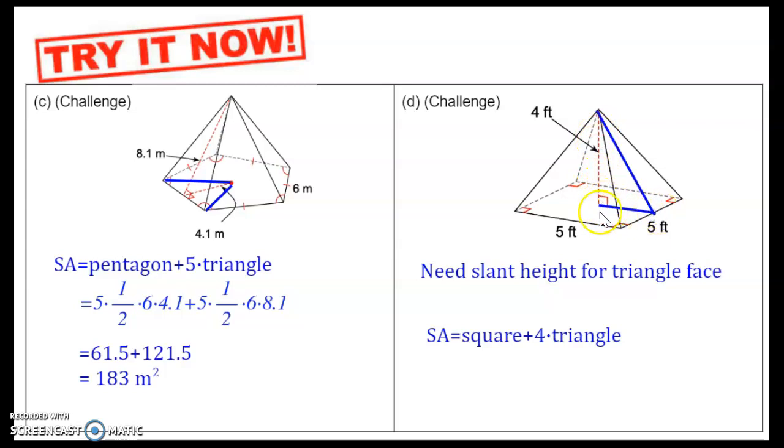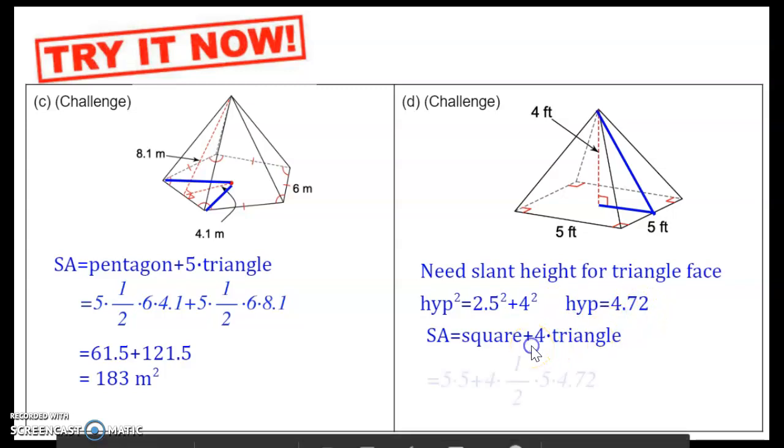And what about the base of the triangle? Well, it's half of 5, so that's 2.5. Therefore, can we figure out the hypotenuse? Hypotenuse squared is 2.5 squared plus 4 squared. Okay, so the hypotenuse is approximately 4.72.